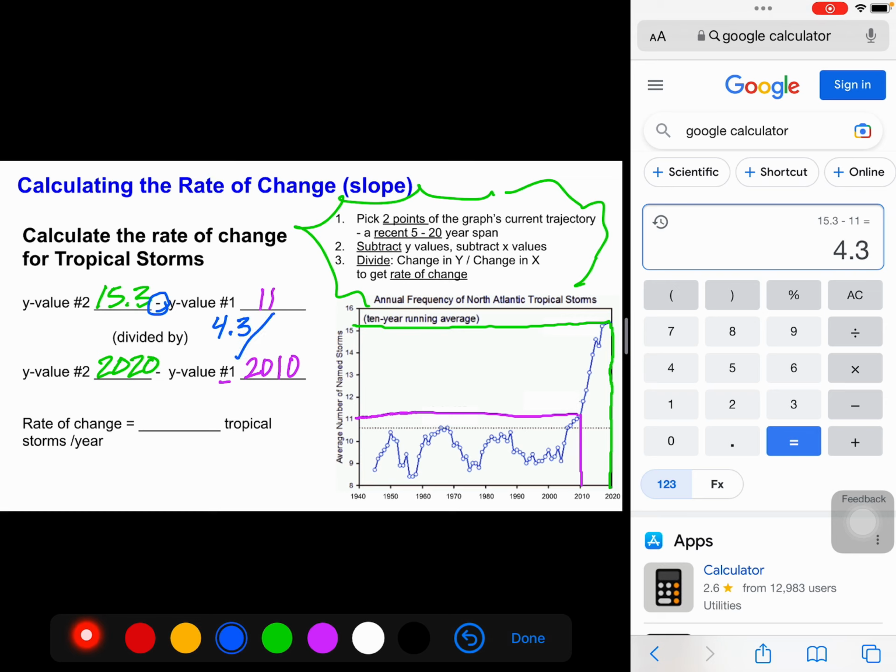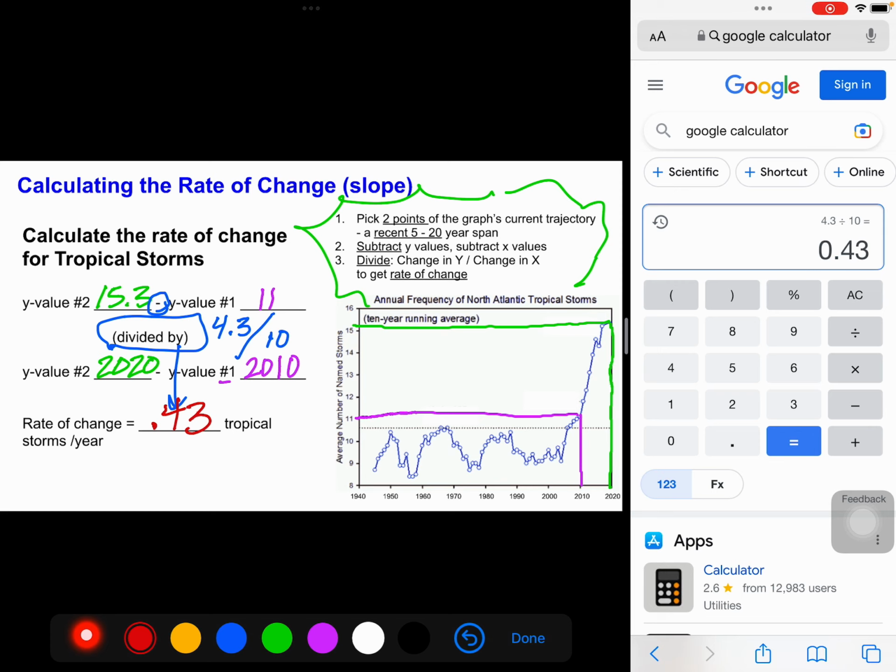And I'm going to divide that by my change here from 2020 to 2010, which is, of course, a 10-year change. So by dividing that, I will get my rate of change. So I've got 4.3 divided by 10. So my rate of change of tropical storms is 0.43.